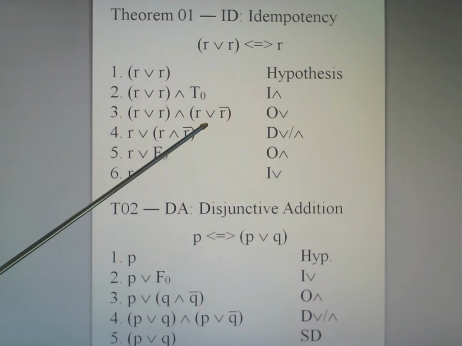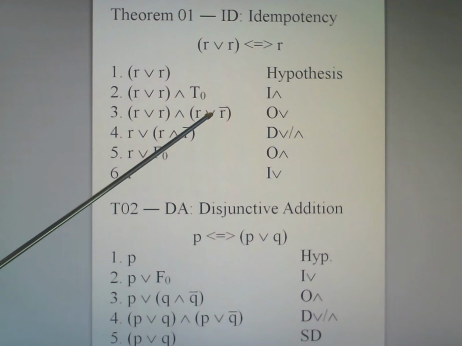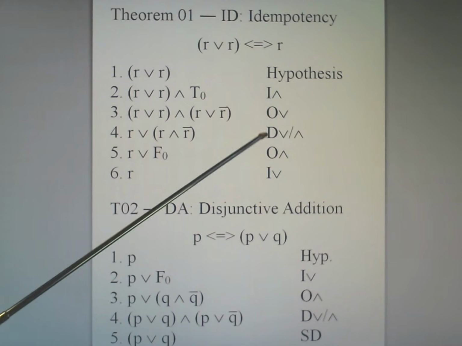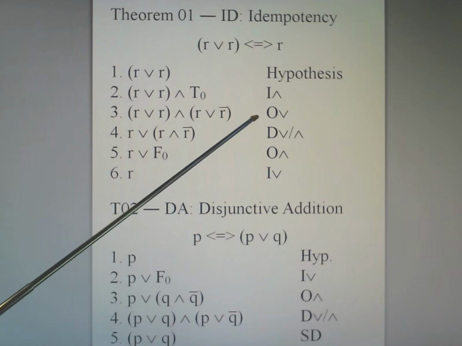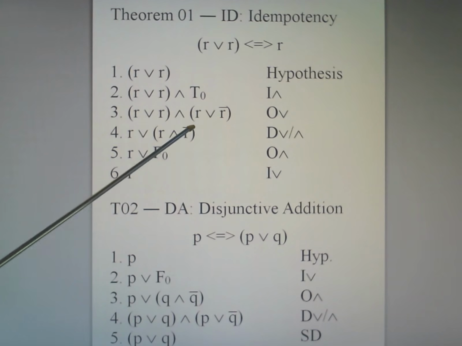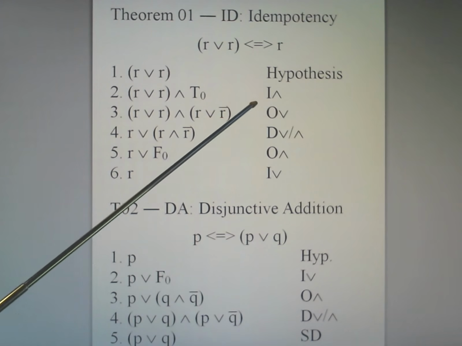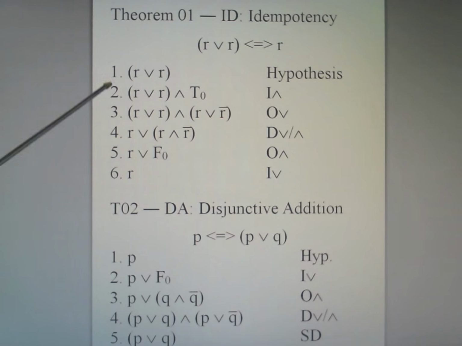We can replace that with a specific tautology, and we will have an equivalent statement. This, of course, follows the rule of opposites for or. Opposites for or are the same thing as a tautology. And so line 3, by the rule of opposites for or, is equivalent to line 2.